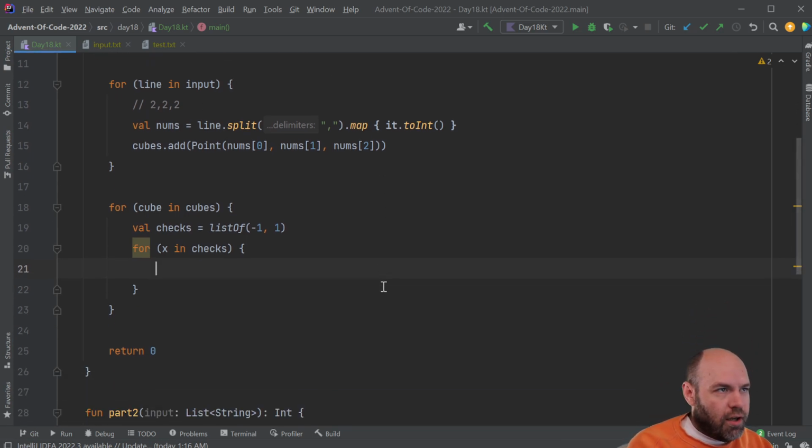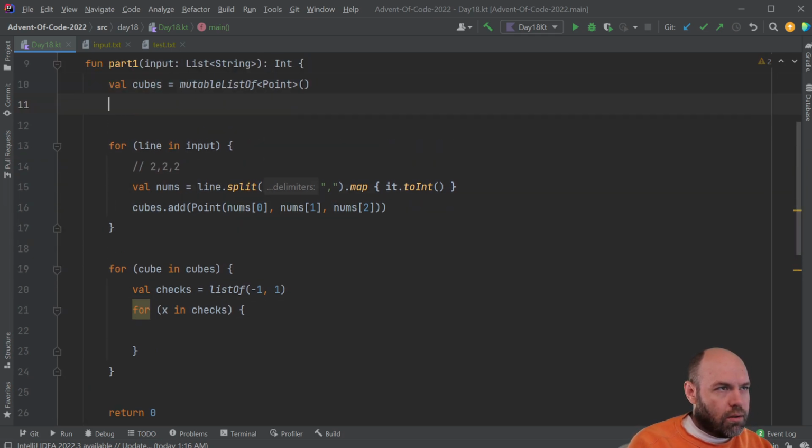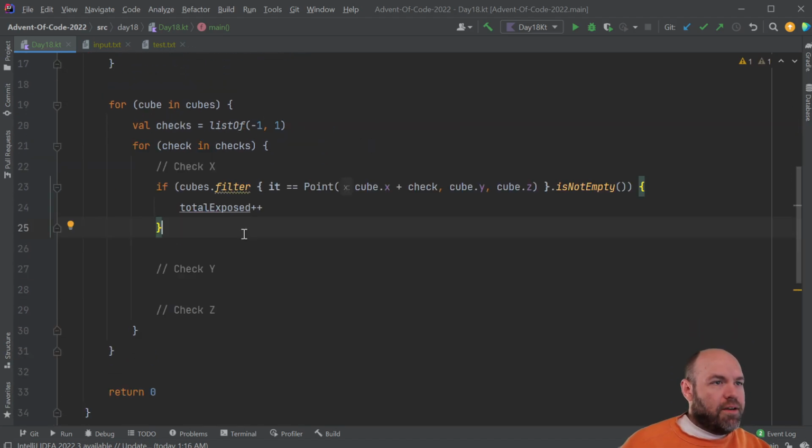And then we need to check the x direction. We also want a total, we'll call it total exposed, equals 0. And actually, we can just do all three of these in the same for loop. That'll just be easier. So basically, if the cube that's x minus 1 does not exist, we're going to increment by 1, and plus 1.